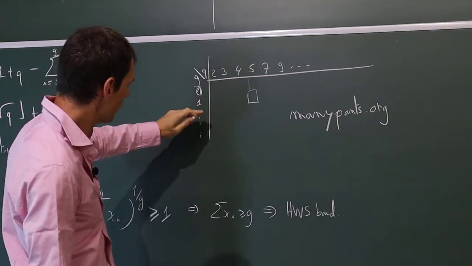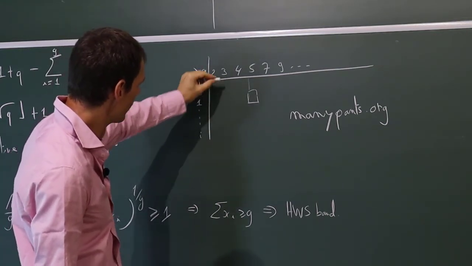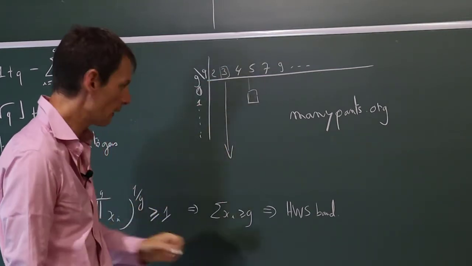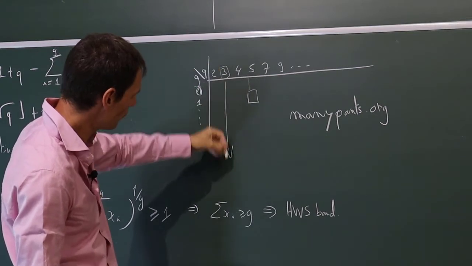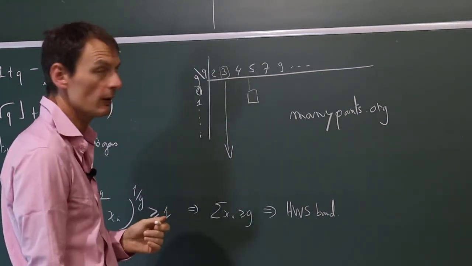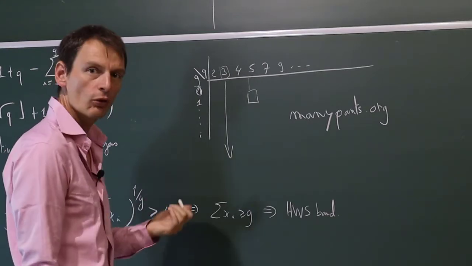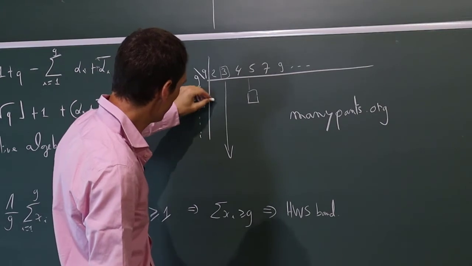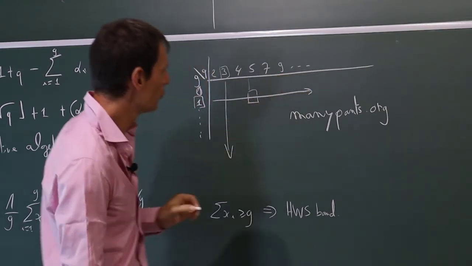You can either say, I will let q fixed and let g go to infinity and study if I can say something for a given q and for infinitely many genera. Or you can take the converse problem. So you can fix the genus, for instance genus 1, and let q vary.